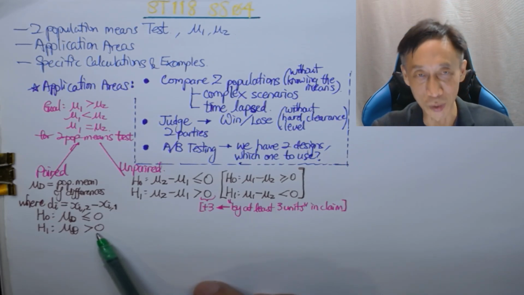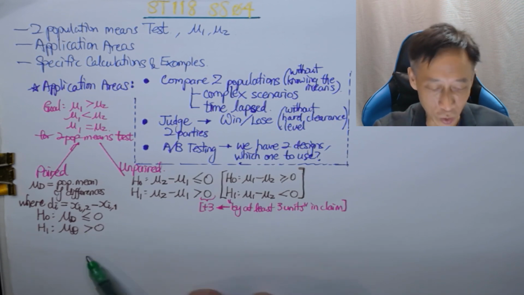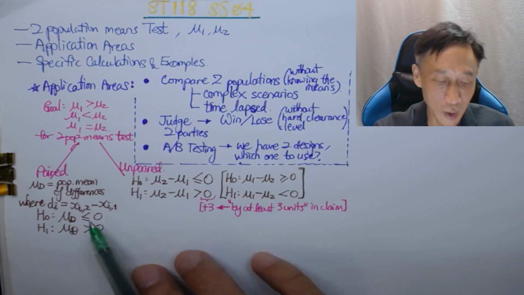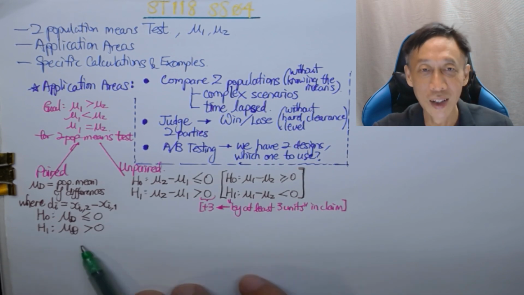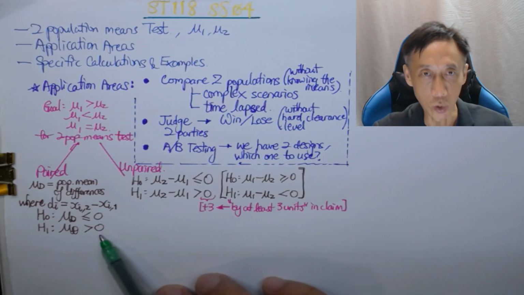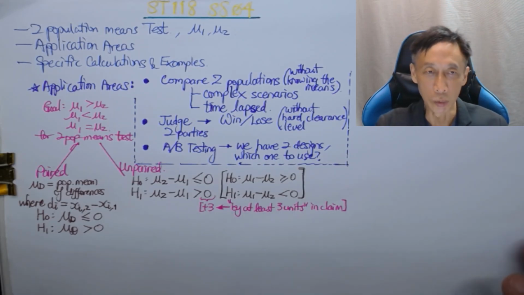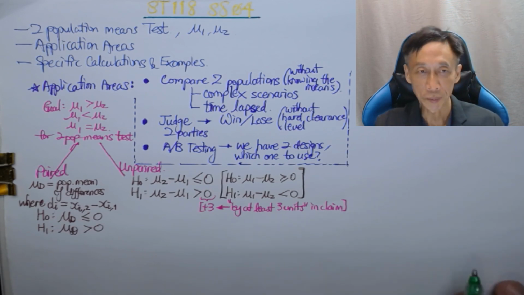So we'll stick to using T. So it's a one population T test, and we can just continue from there, right? Obtain the sample size, X bar, S, calculate the degrees of freedom, calculate the p-value, and we can go. So you can look at the one population means test video to do the rest of the calculations.